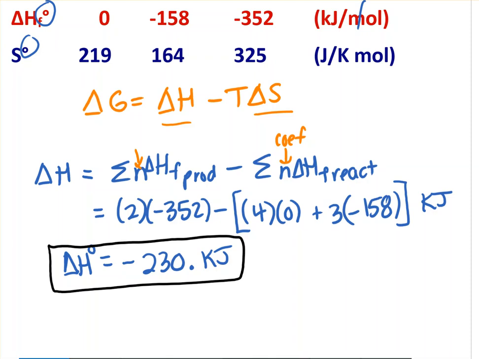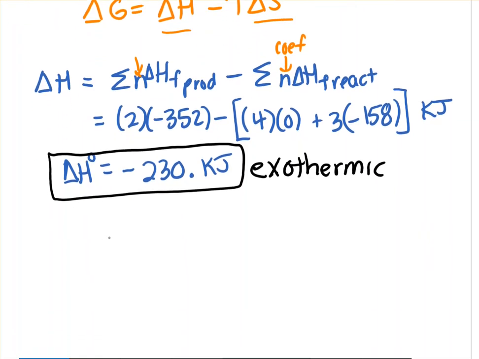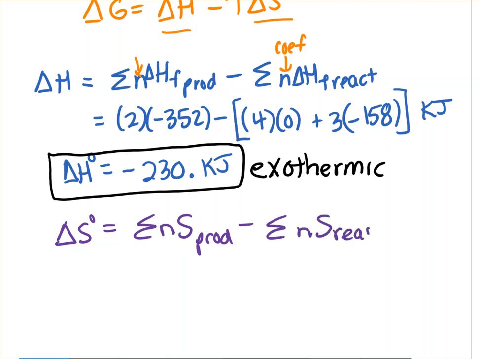And let's go ahead and interpret that. Is this reaction endothermic or exothermic? Okay, let's do the same thing with the entropies. Again, there should be degree signs on these.